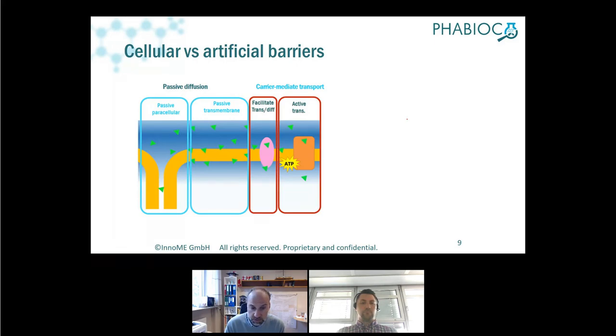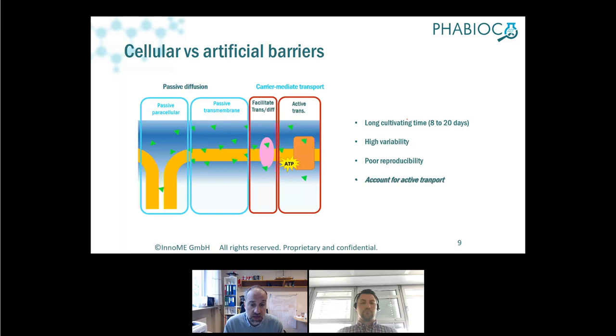As I said before, we have two types of biomimetic barriers, the ones that are based on cells, so the cellular-based, and the artificial barriers. Which are the advantages and disadvantages? Well, the cellular-based models, like the CACO2, but also other cell lines that we can grow to test permeation through biological cells, need some cultivating time that can go from 8 to 20 days.